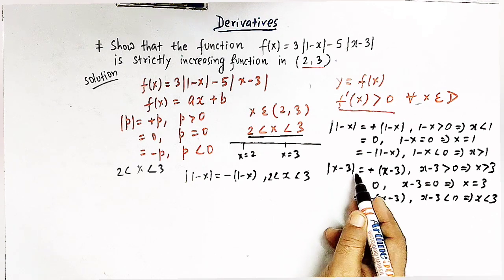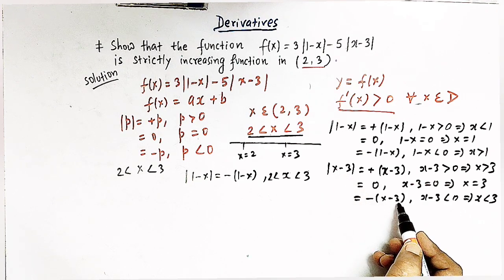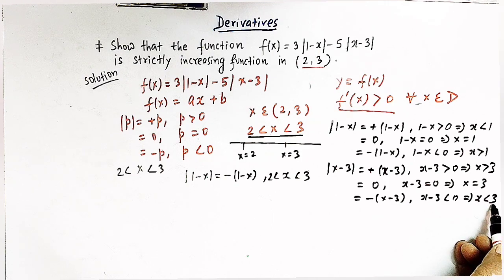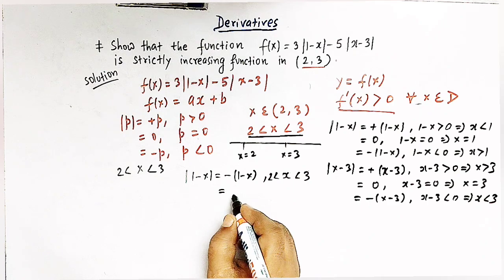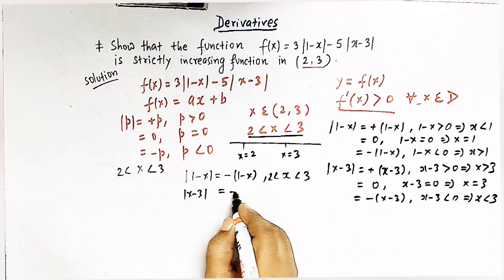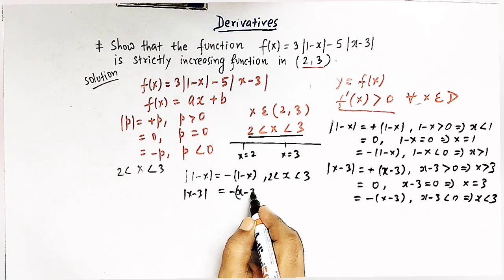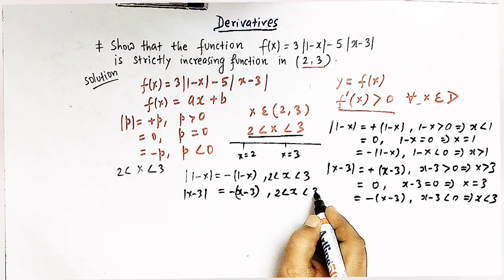And mod of x minus 3 is defined as negative (x minus 3) when x is less than 3, right? So here we have x less than 3, so we can now write mod of x minus 3 as negative (x minus 3) when x lies between 2 and 3.